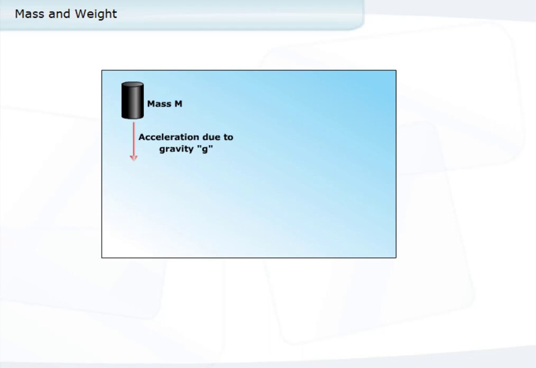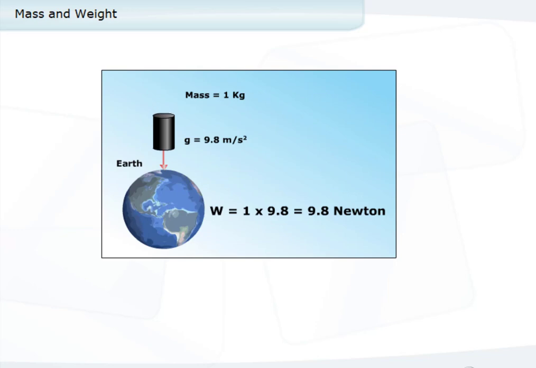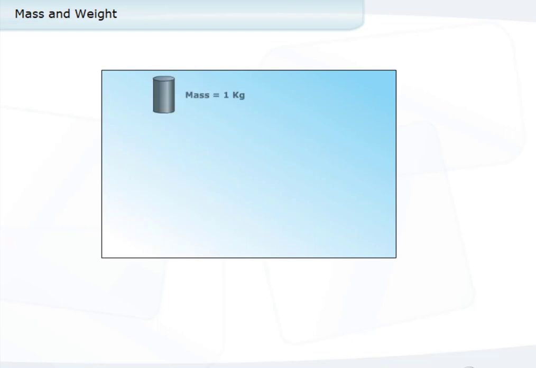Therefore, the weight and mass are connected by the formula: weight equals the mass times the Earth's gravitational acceleration, g. Thus, for a mass of 1 kilo, the weight is 9.8 newtons at most places on the Earth's surface. But for the same mass of 1 kilo, the weight is 1.6 newtons on the Moon.